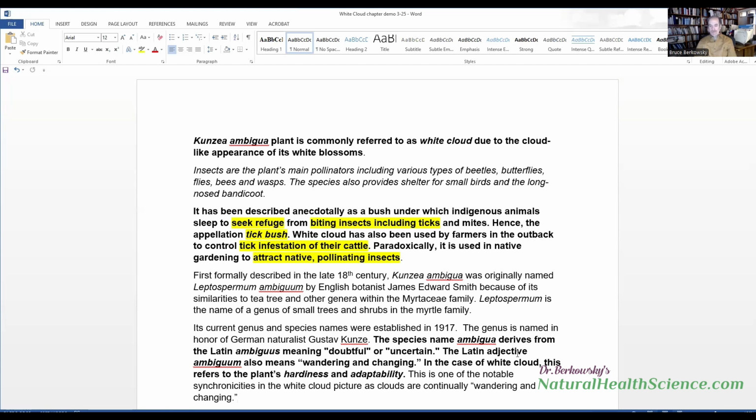So let's go back to this ambigua, the species name. The species name ambigua derives from the Latin ambiguous, meaning doubtful or uncertain.